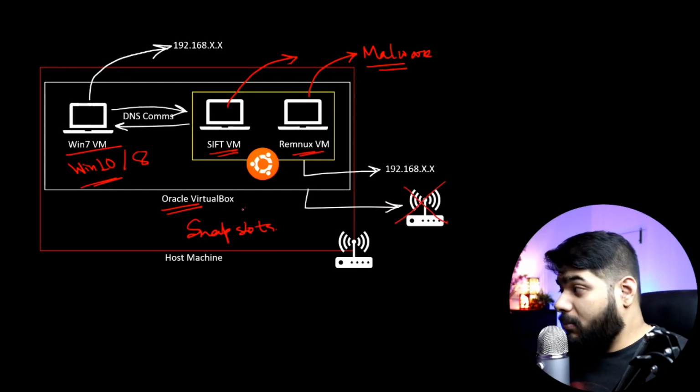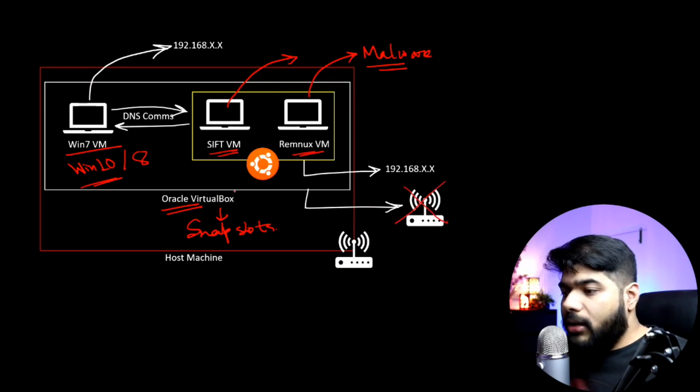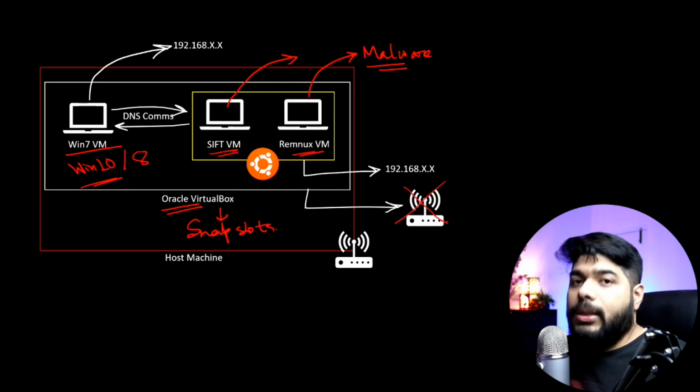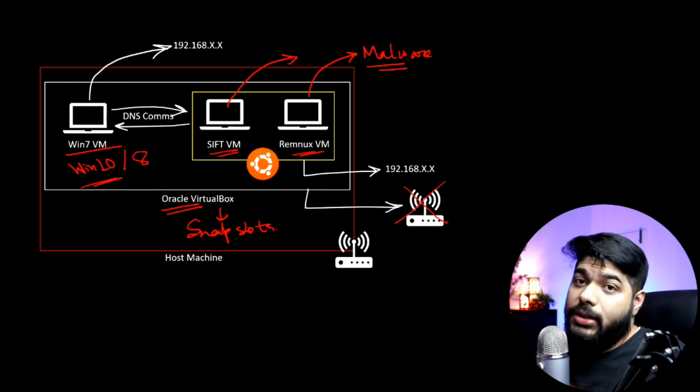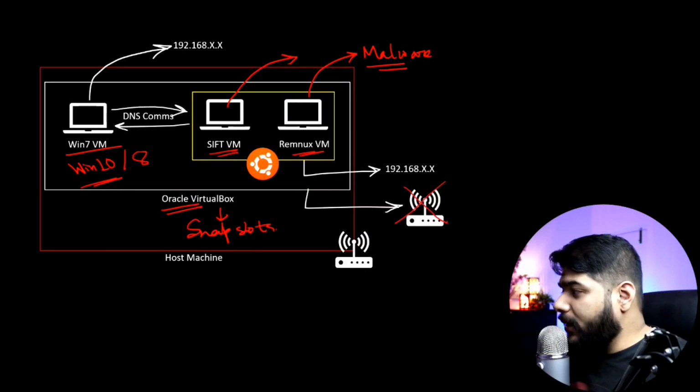So choose a virtualization appliance which has the capability to take snapshots. VMware Workstation Player doesn't have the capability, so you might need to go to the ultimate version of VMware. They have the capability, but anyway, I am using Oracle VirtualBox, so that has the capability.